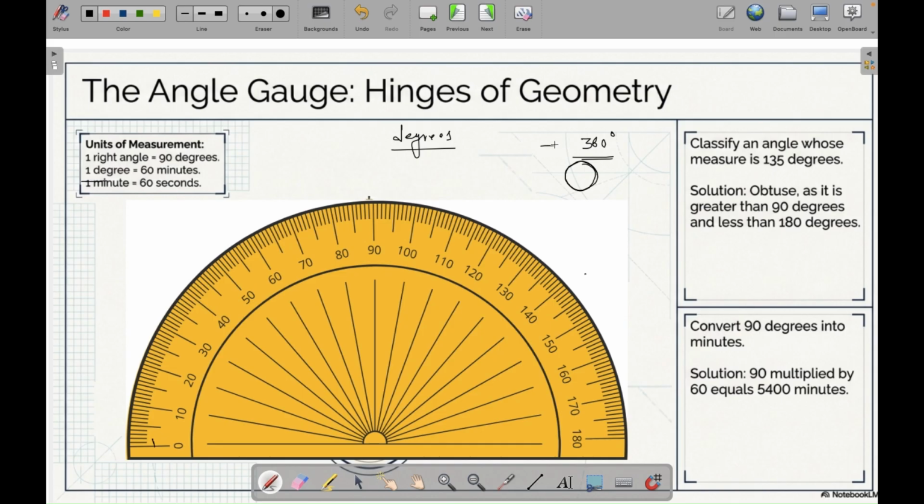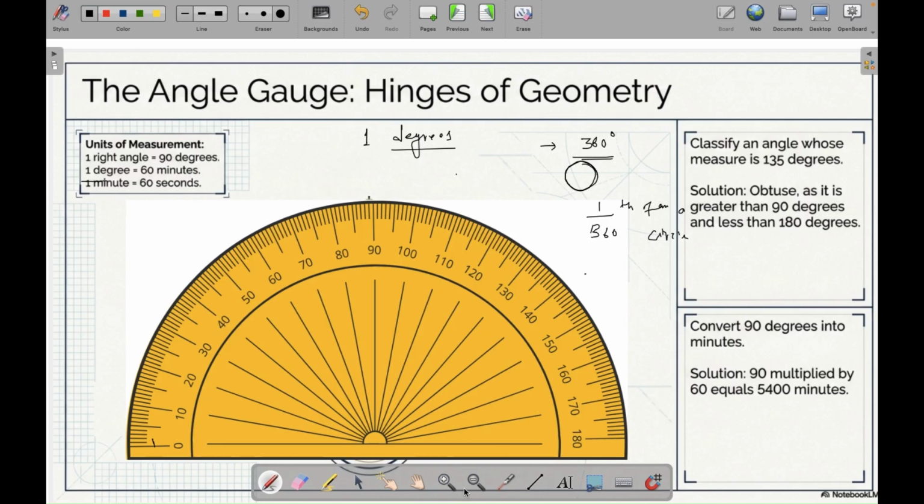Then what is a degree? 1 degree is 1 upon 360th of a circle. So if you take an entire circle and divide it into 360 parts, one of those parts will represent 1 degree.